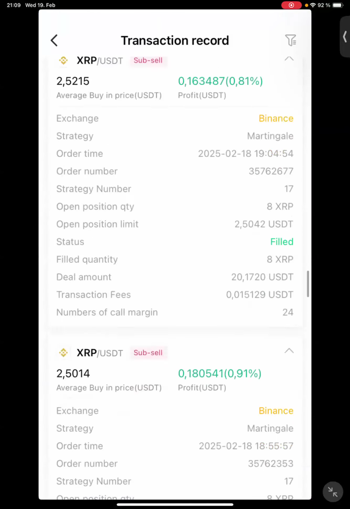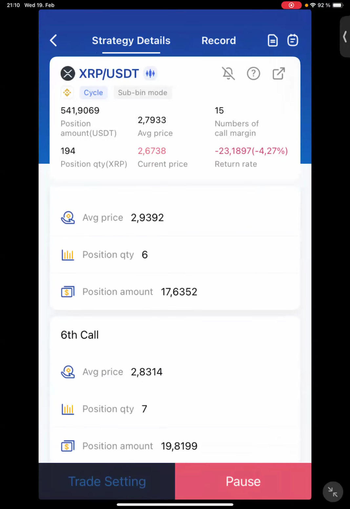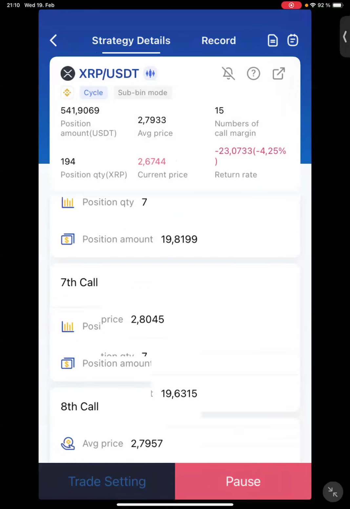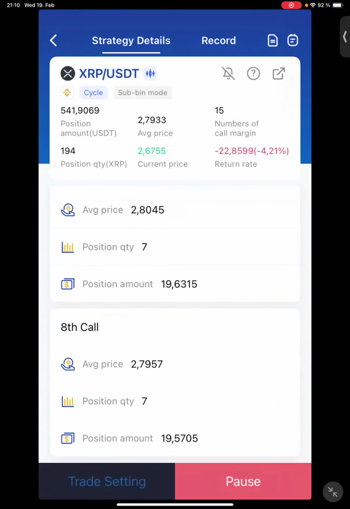The date is attached, the deal amount, everything. So that is it about the transaction record. I think I've talked about everything. If you switch to the sub bin, you would see the quantity it bought, the position amount, then the average price under all the sub cells.